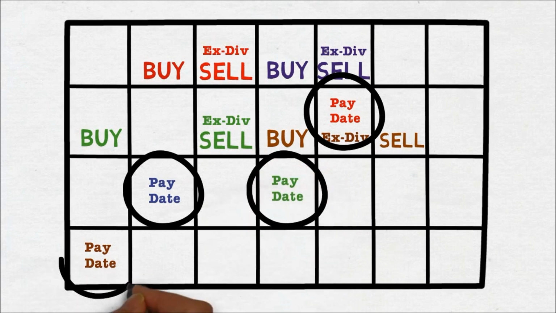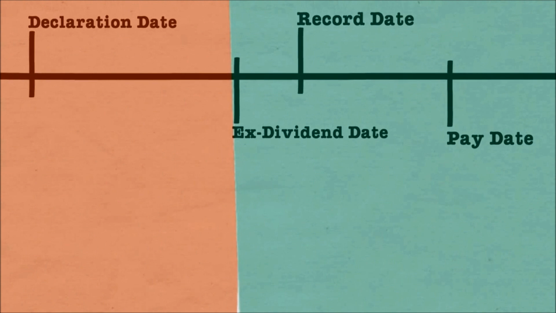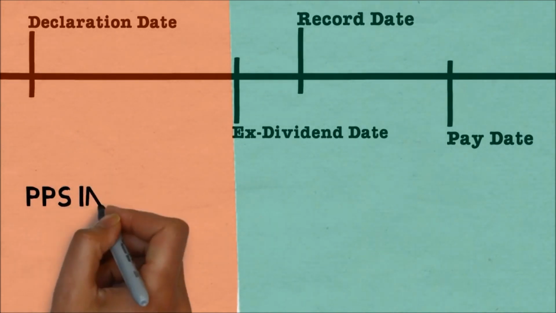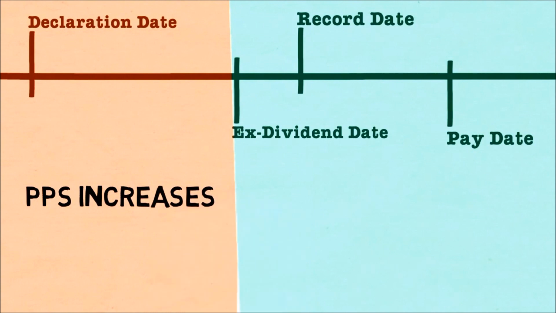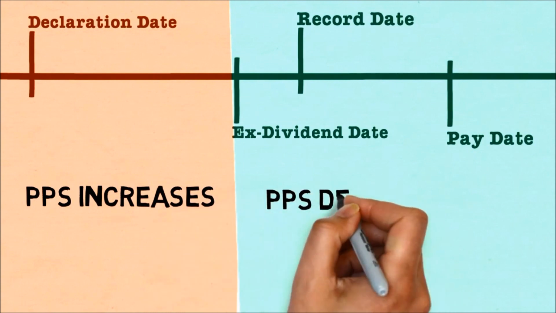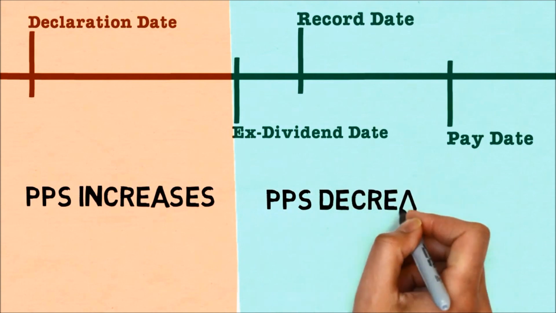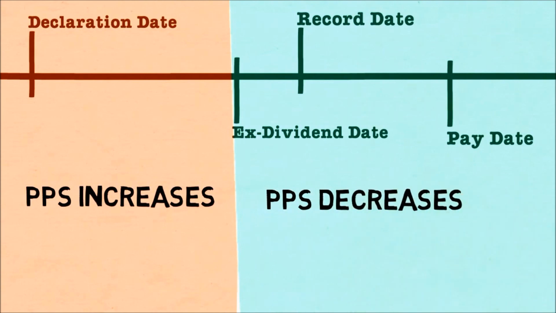Now, that might seem too good to be true, and most likely it is, in my opinion, personally anyways. And for the simple reason that, like we said, when the stock is in that red zone, it is trading with dividend, and when in that green zone, it is trading without dividend. The price per share reflects that in the sense that the dividend is incorporated into the price per share before the ex-dividend date.